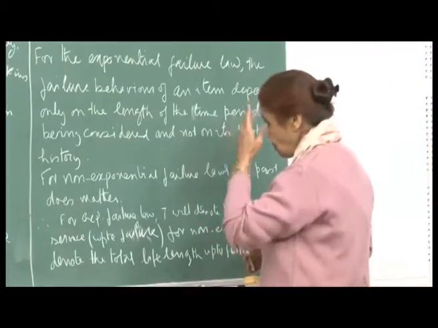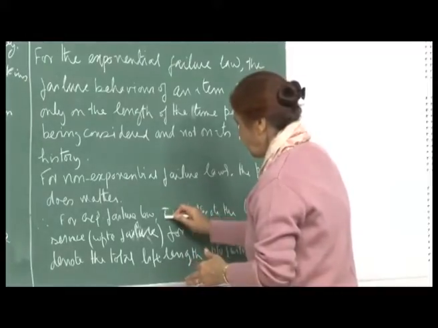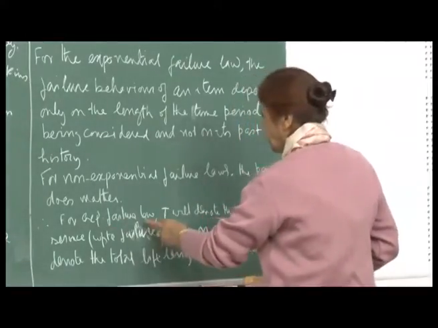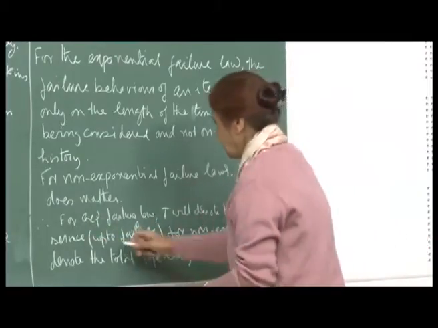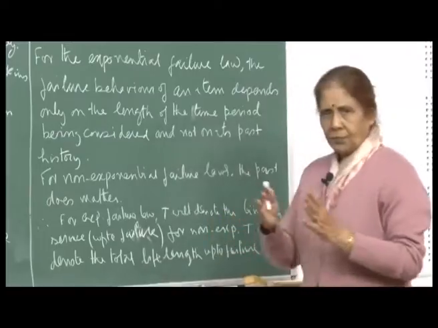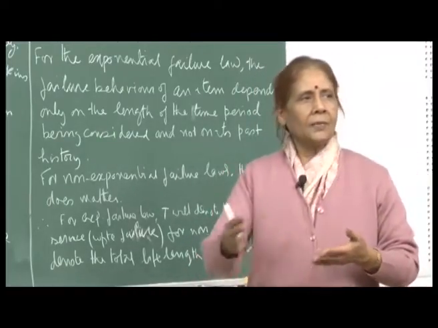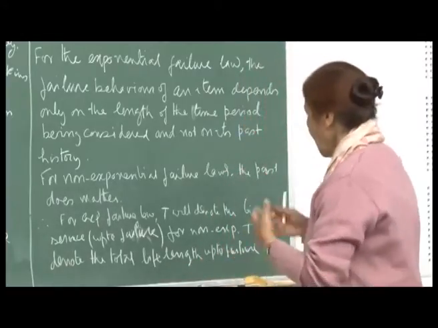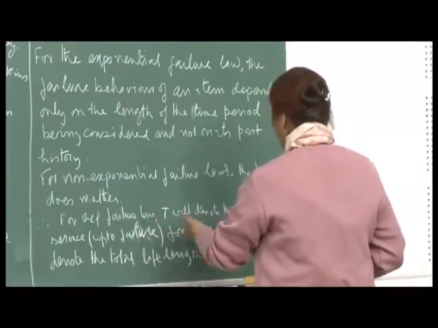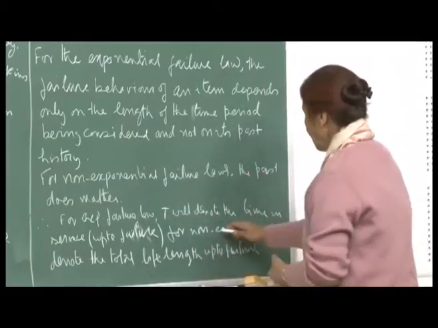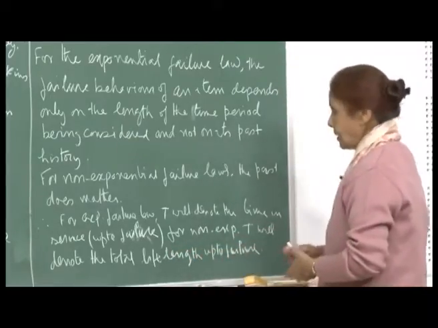So, it is important to understand that when you talk of the time t, the life length, for the exponential failure law, t will denote the time in service up to failure, right, because it does not matter when you start counting. If the component is functioning, then you start counting the time from then. So, up to failure, t will denote the time. But for non-exponential components, t will denote the total life length up to failure.